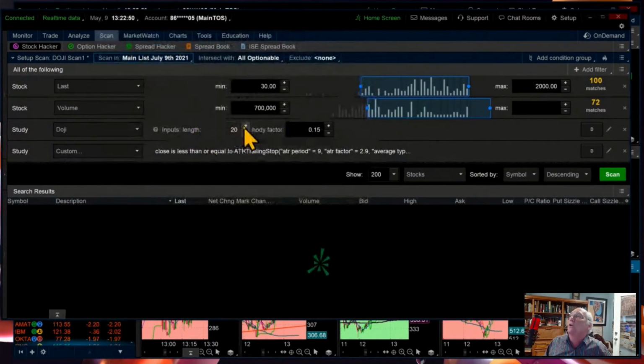is add what you asked, the MACD. So we are looking for stocks that are in a downtrend, have a doji, and are overbought. So let's add that.